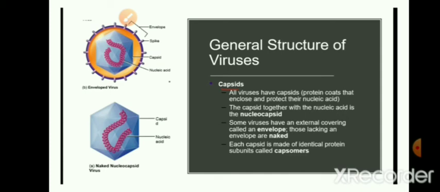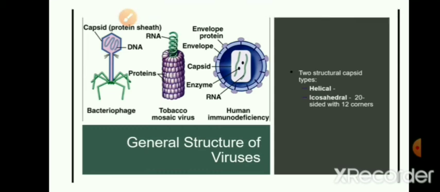Each capsid is made up of capsomeres. There are two structural capsid types: icosahedral symmetry and helical symmetry. Icosahedral symmetry is made up of 12 vertices and 20 sides, and it shows two types of capsomeres.